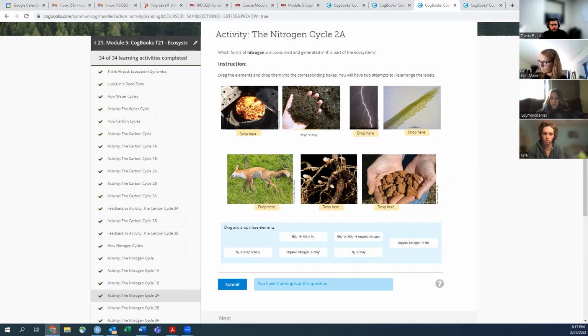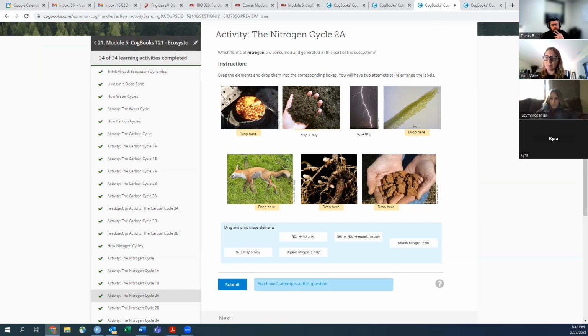Oh, I have it under nitrogen. So it'd be the N2 to NO3 negative. Yes, it would be this one. Yeah, because you have atmospheric nitrogen gas being turned into a nitrate. Yeah, I also have it under nitrogen fixation. I think in the CogBooks, it was in the nitrogen fixation as an example of how nitrogen fixation can also occur.